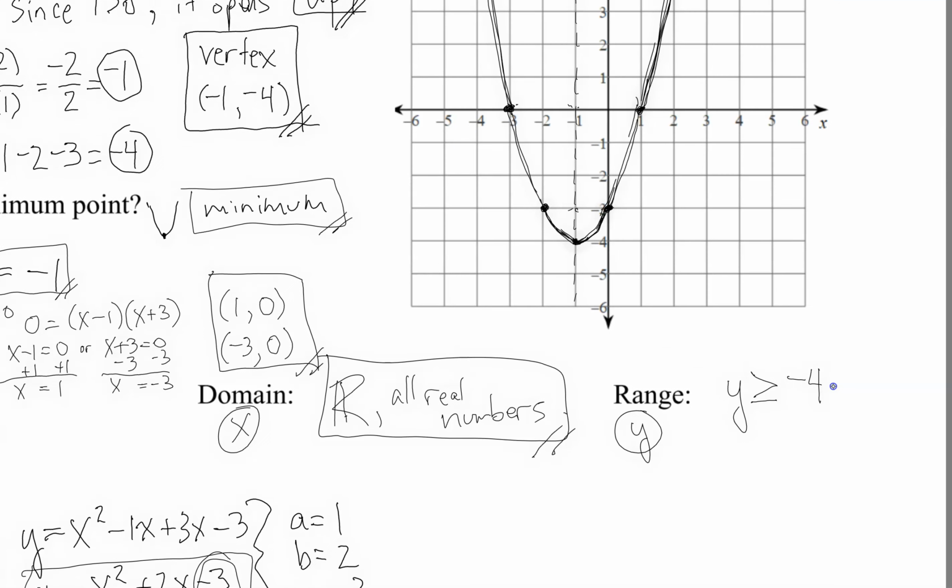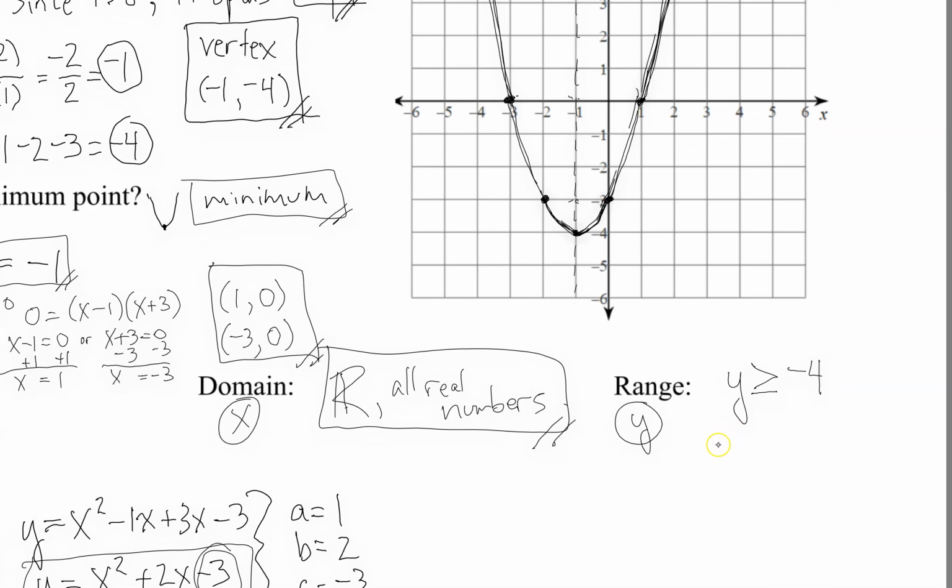And as a reminder, we can also write this in interval notation. That means the lowest point on here is -4, and it goes up in y all the way up to positive infinity, which we use a parenthesis to show that it can't actually reach infinity, because you can always go one more.